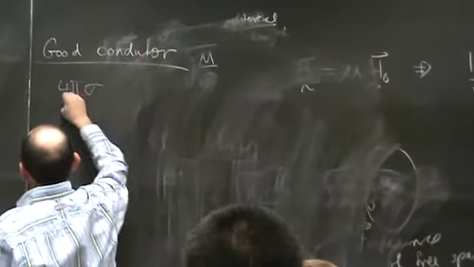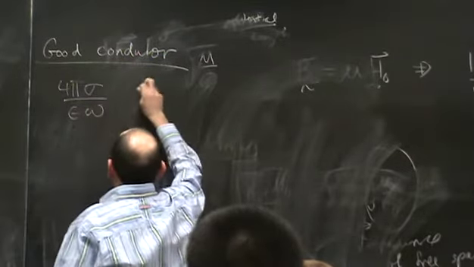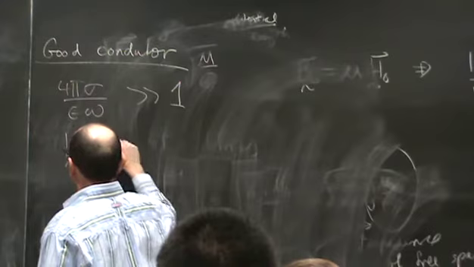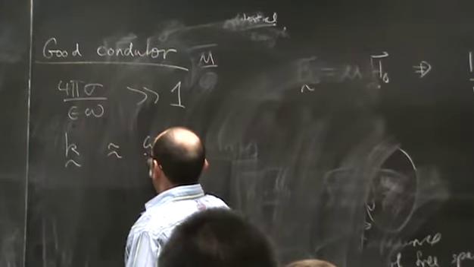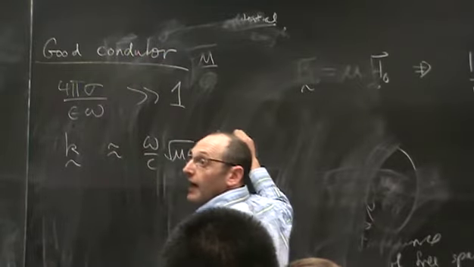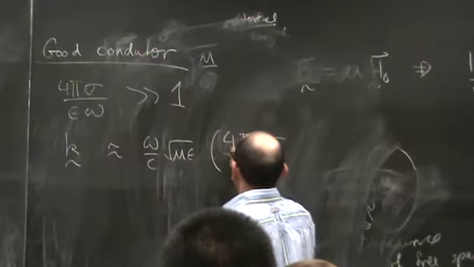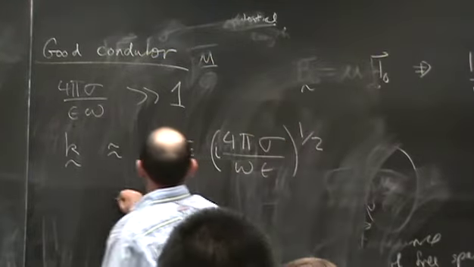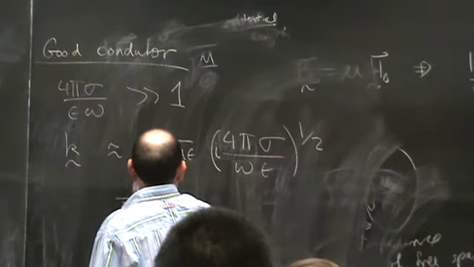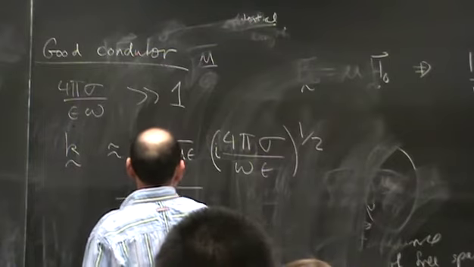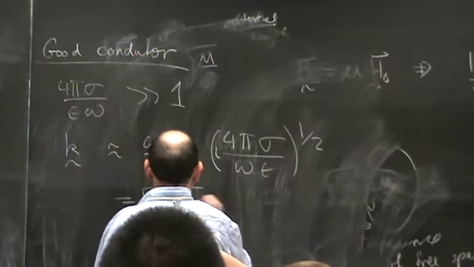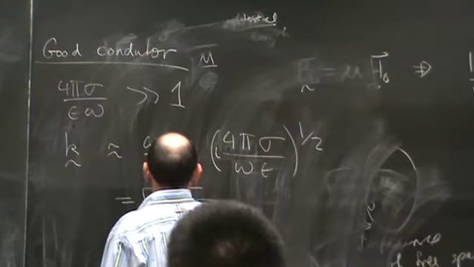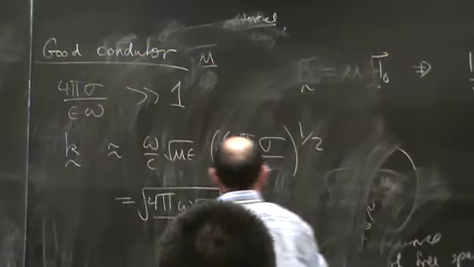Then my conductivity is so big compared to these ratios that I can ignore the real part there, and my k tilde is approximately equal to 4 pi sigma over, to the 1/2 power, which is the square root of 4 pi omega sigma over c, times i to the power 1/2.